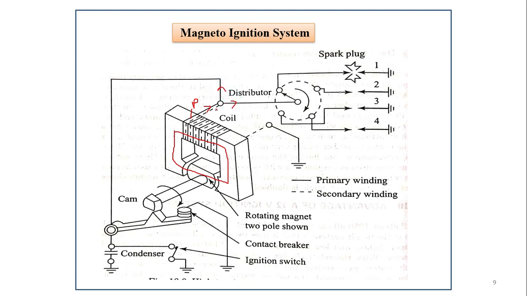This current and voltage will be passed to the distributor also, but this voltage intensity is not capable of producing a spark, and hence this current will be passed on this side. When these contact breaker points are in contact, the circuit will be completed.